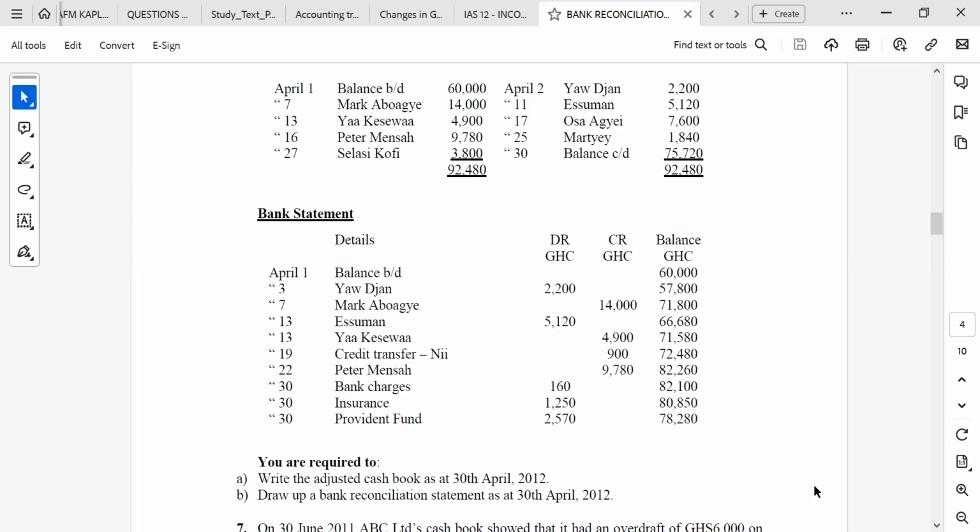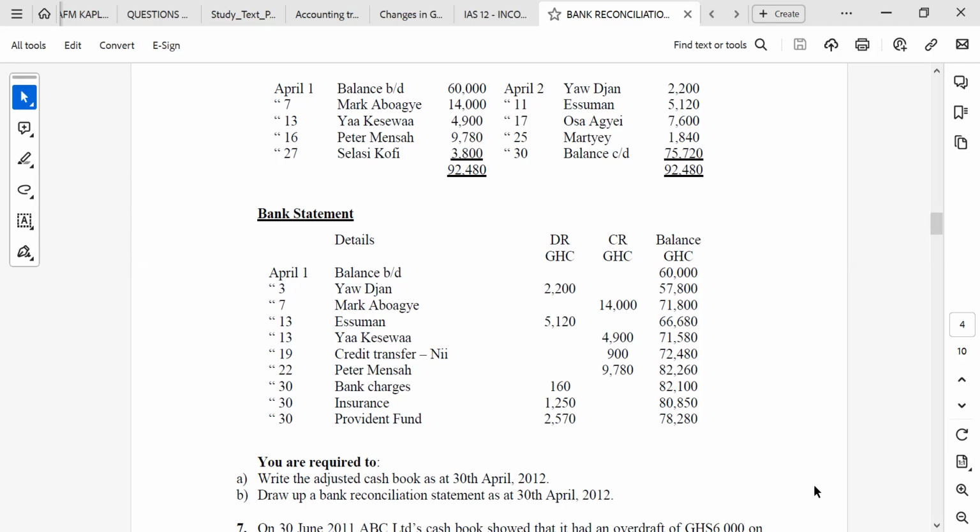You also want to reconcile bank errors. You have to ascertain your bank charges for the year so that you can charge it to profit or loss. There are a lot of them. We also do that to identify what we call stale checks, checks that after 6 months cannot be cashed again.